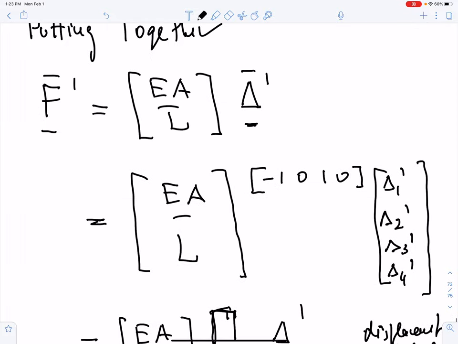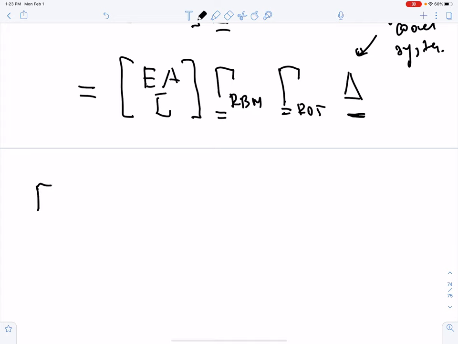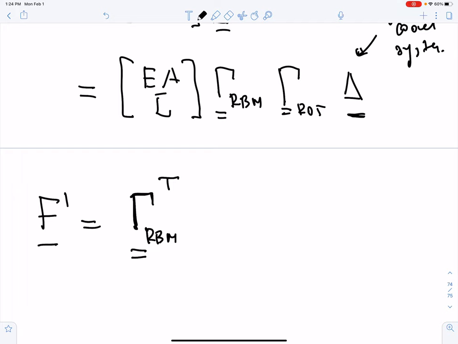Given the basic force, I can write down the expression for F prime as gamma RBM transpose times the basic force vector.